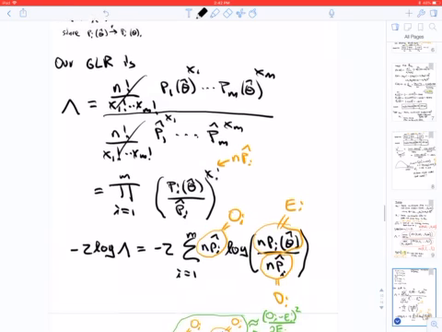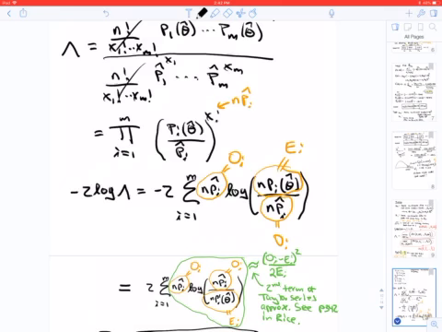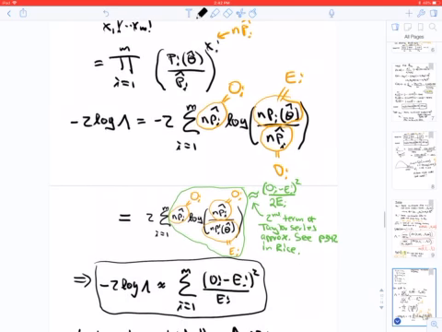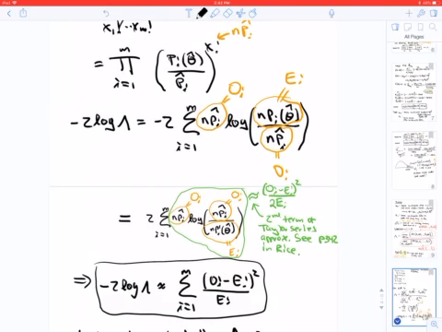So now our generalized likelihood ratio, we can do some algebra simplifications, and what you get down to is this expression.